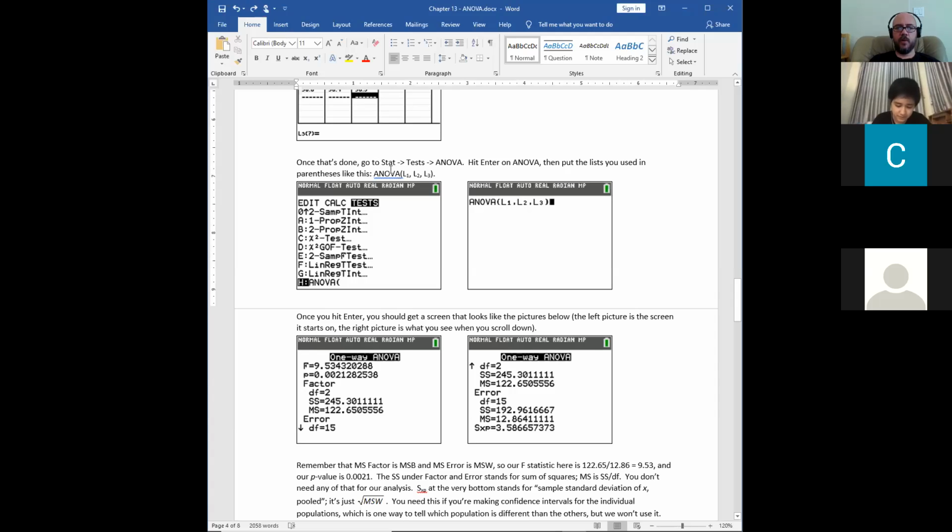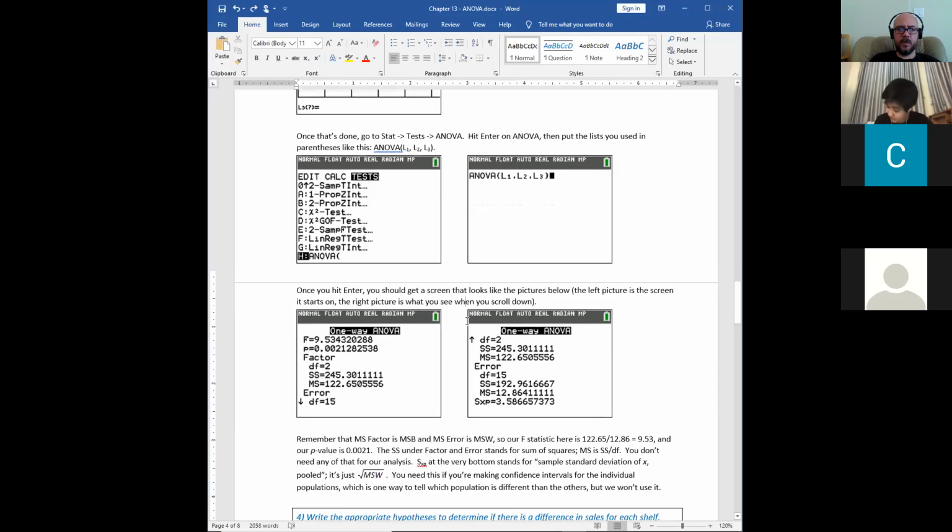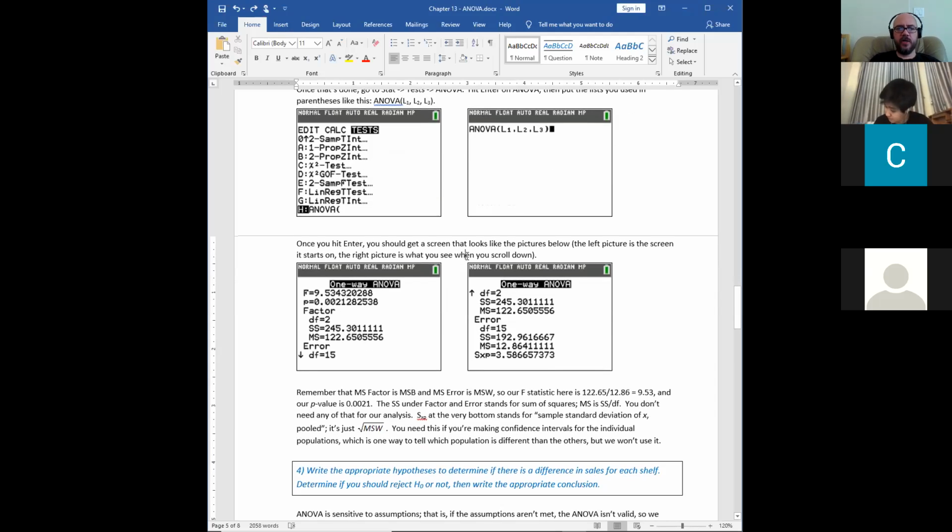This is what I got when I hit ANOVA: I typed in L1, comma, L2, comma, L3, close parenthesis. And then when you get that, go ahead and hit enter, and it'll bring up the screen right here.